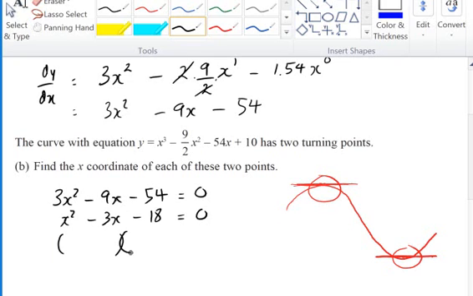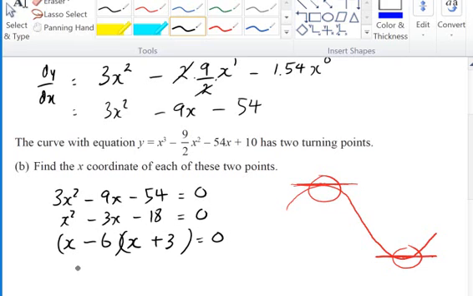We could factorize that. You've been doing this in the basic algebra section. So that's an x. And we want two numbers which multiply to give you minus 18, but add together to give you minus 3. There's our answer.